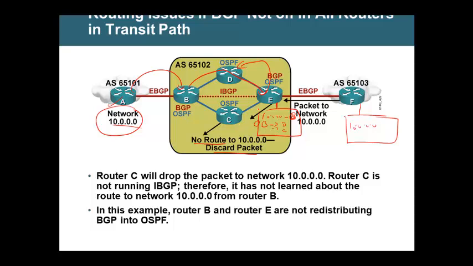Because it is not delivered to D, D cannot learn it. Even though D is passing the update, D will not synchronize with the update. Why? The destination address is E, not D, isn't it?